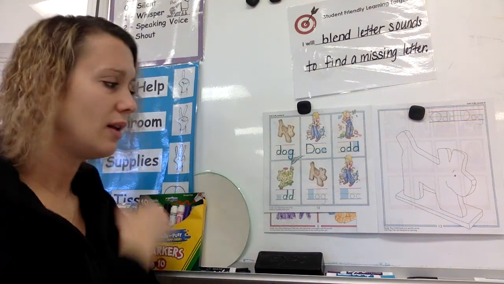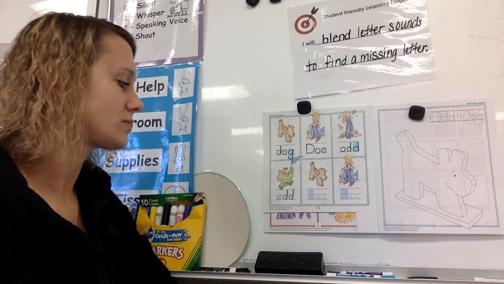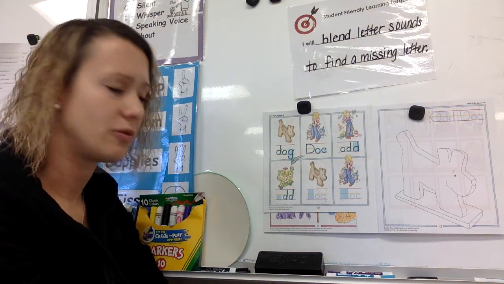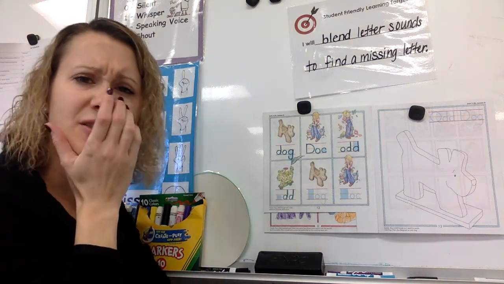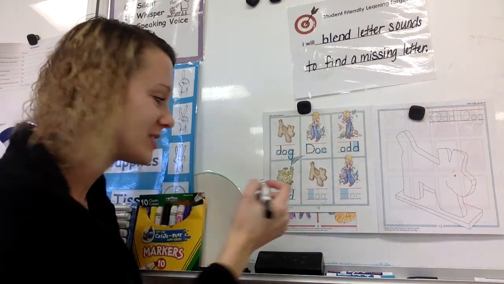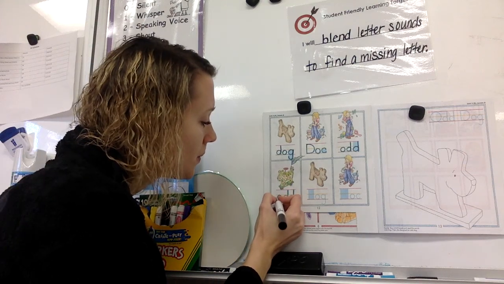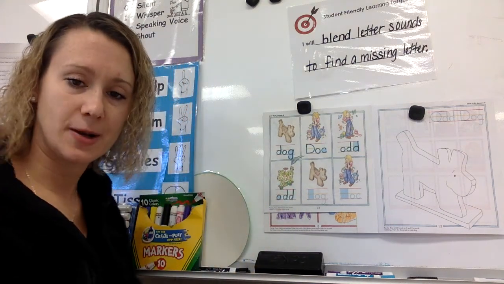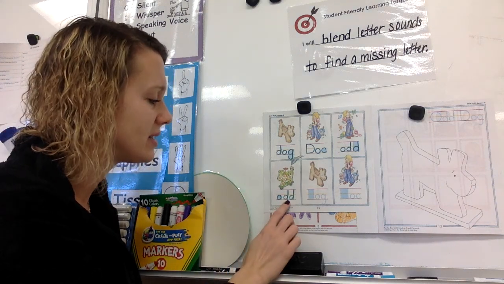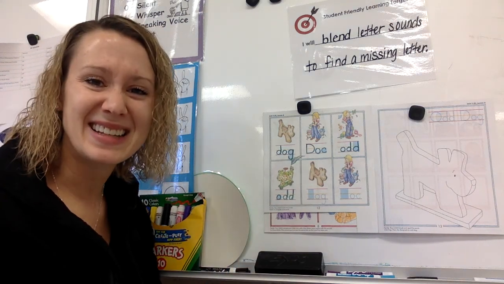What do you hear? What letter says ah? Oh, you got it. Take your pencil. You're going to write lowercase o. Park your pencil. Let's blend it to make sure we have it right. Ready? Go. Odd. Odd. Excellent job, my loves.